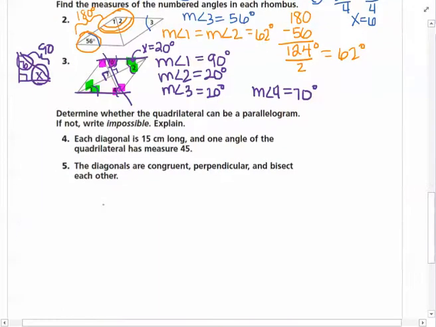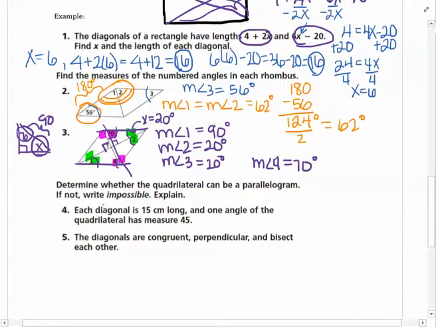Okay, last two. Determine whether the quadrilateral can be a parallelogram. If not, write impossible. Explain. Let's see. So each diagonal is 15 centimeters long, and one angle of the quadrilateral is 45 degrees.